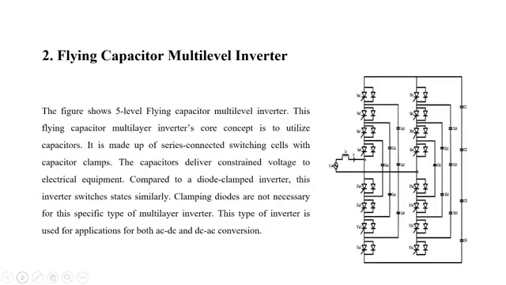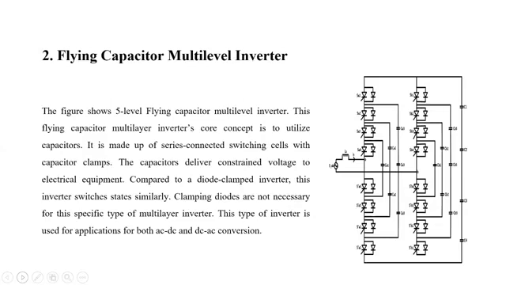Second one, flying capacitor multi-level inverter. The figure shows a 5-level flying capacitor multi-level inverter. The core concept of this inverter is to utilize capacitors. It is made up of series connected switching cells with capacitor clamps. The capacitors deliver constrained voltage to electrical equipment.